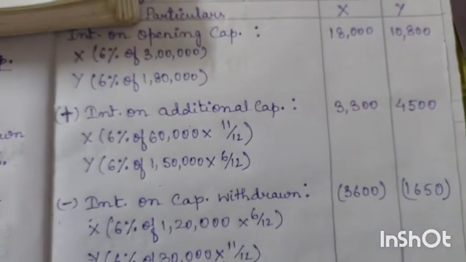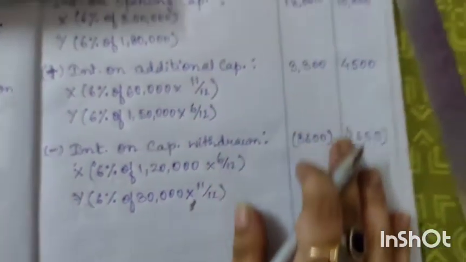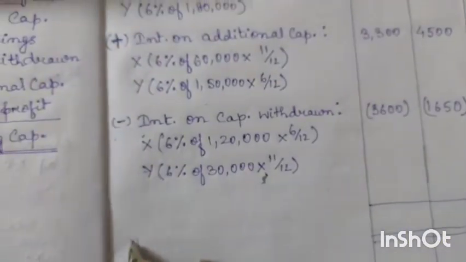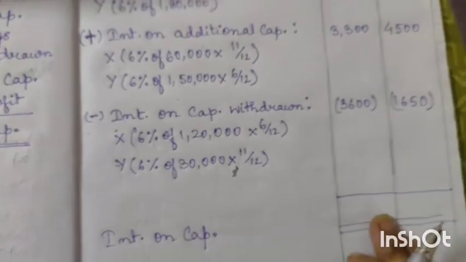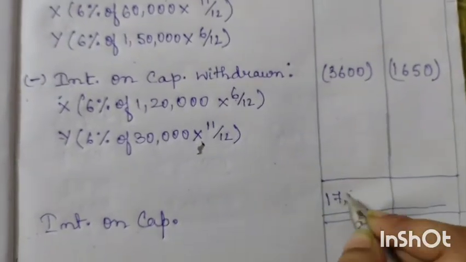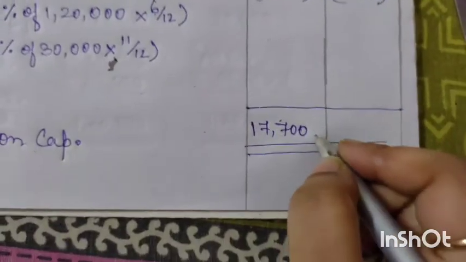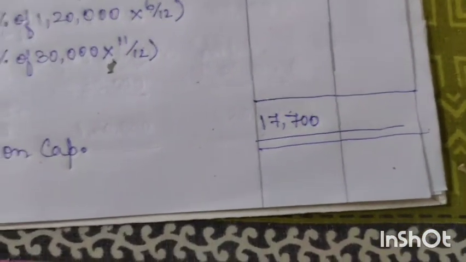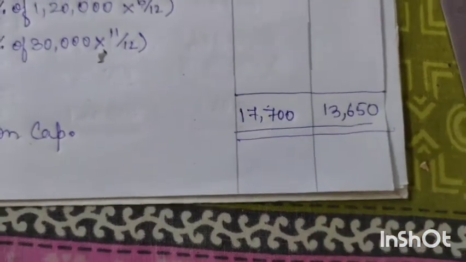So after doing all these, we are getting, for X, interest on capital will be 17,700, and for Y it will be 13,650. Okay, I hope it is clear to you all.